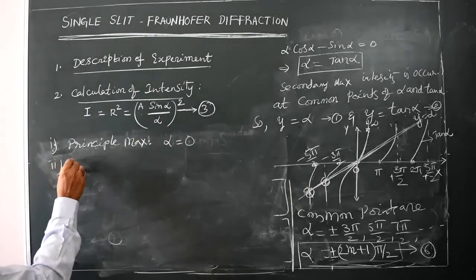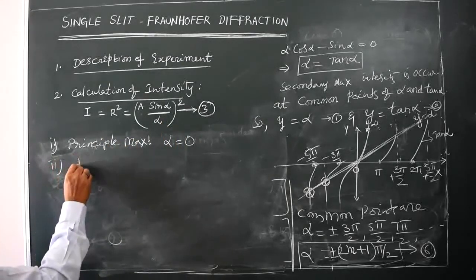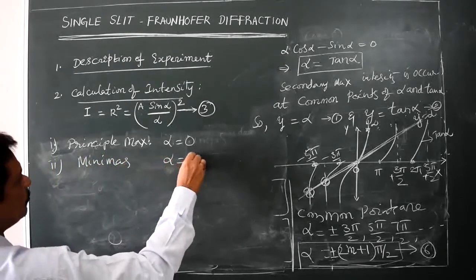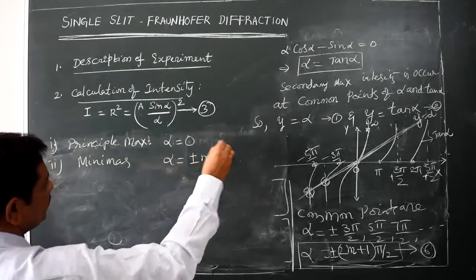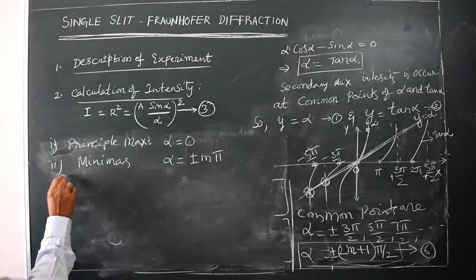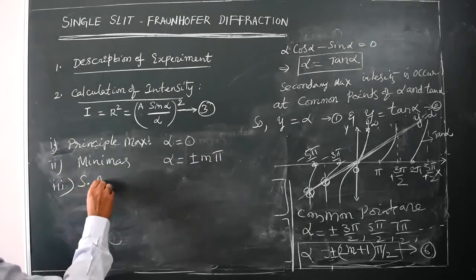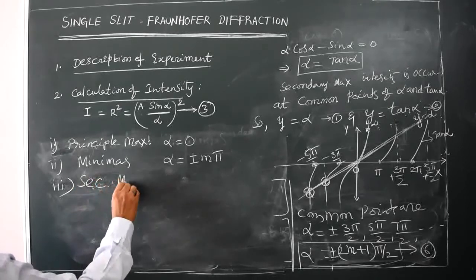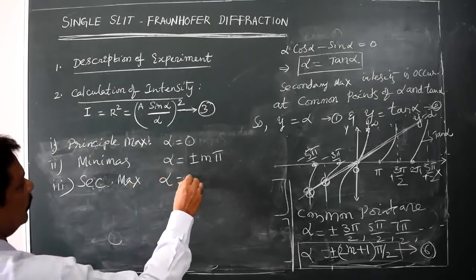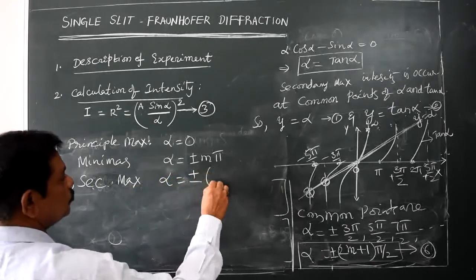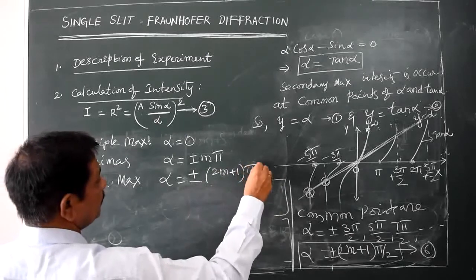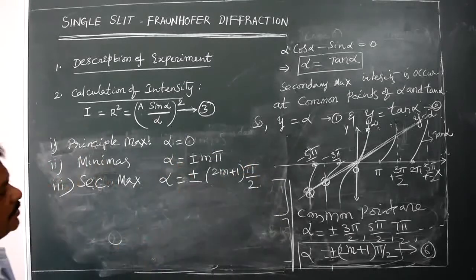Second case, minimas. Minimas occur at alpha is equal to plus or minus m pi. Third case, secondary maximas. The secondary maximas are formed at plus or minus (2m plus 1) into pi by 2. These are the three cases.